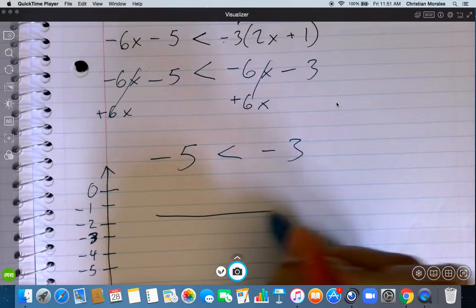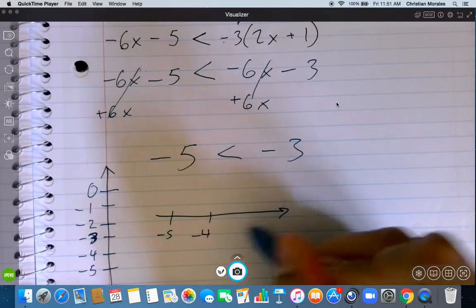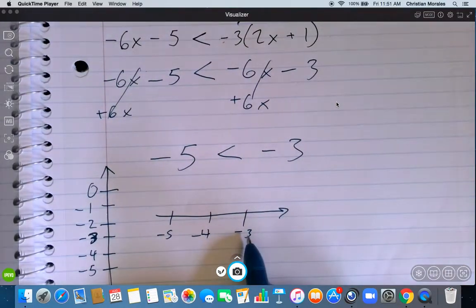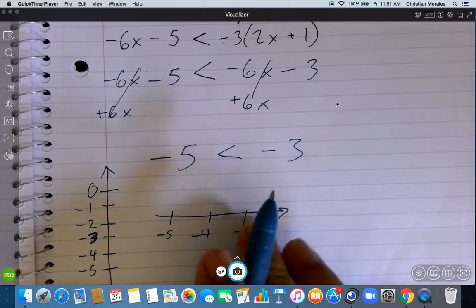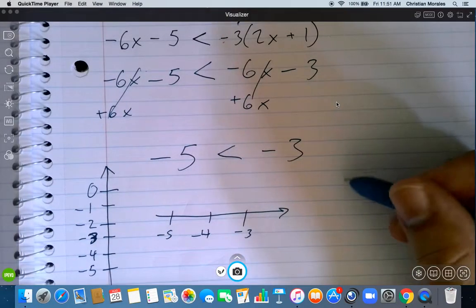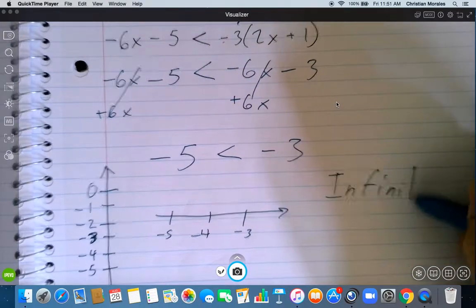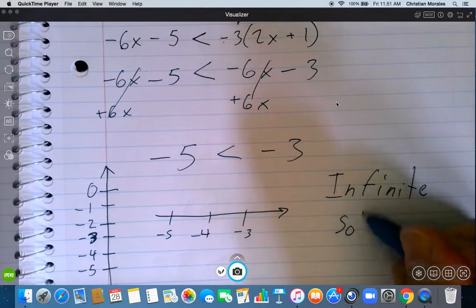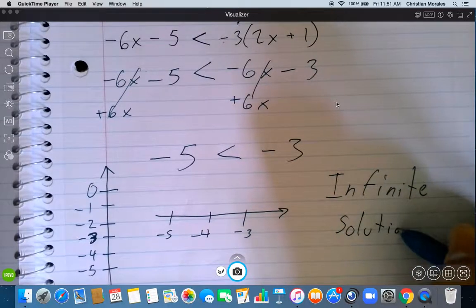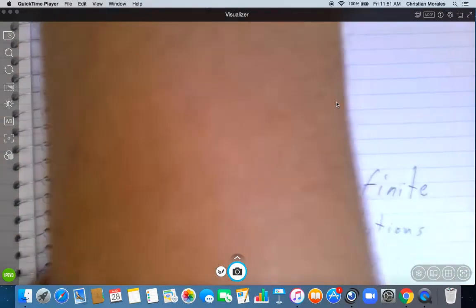Because remember, on your number lines, this number on the right side is bigger than this number on the left side. So this is true. So this is an infinite solution. Infinite solutions. All right, last one.